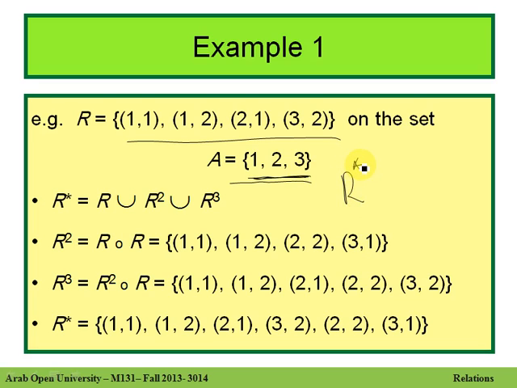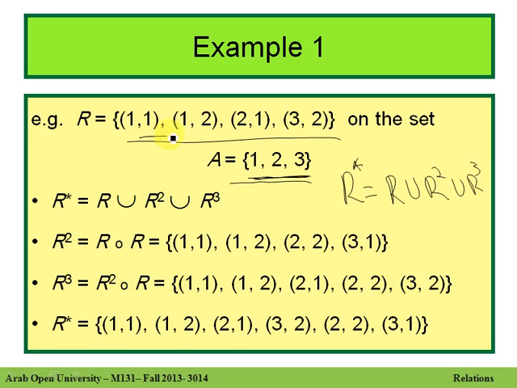For example, R star is R union R square union R cube, to add the (A, C) in this one.